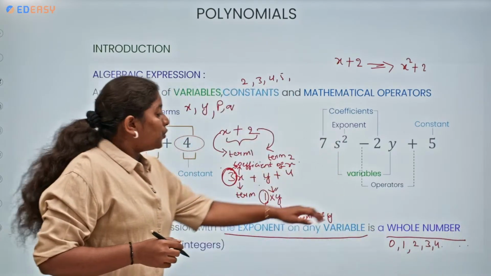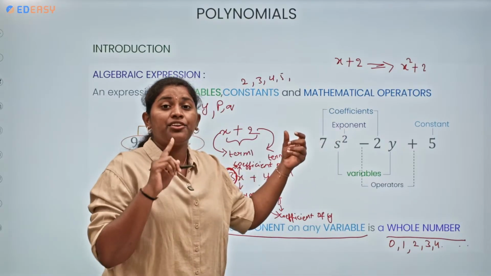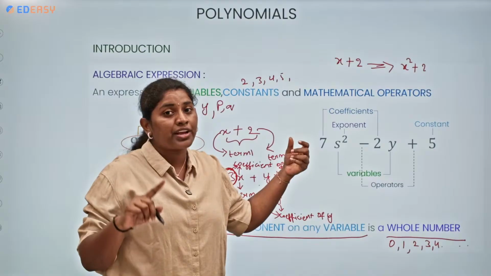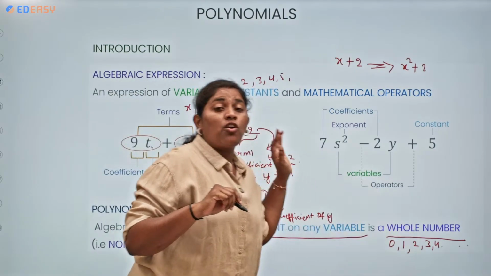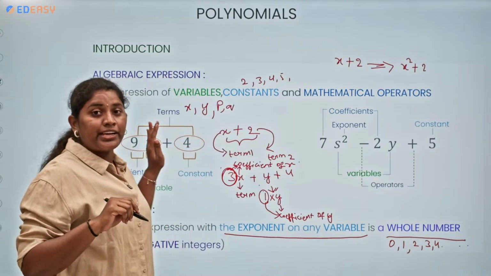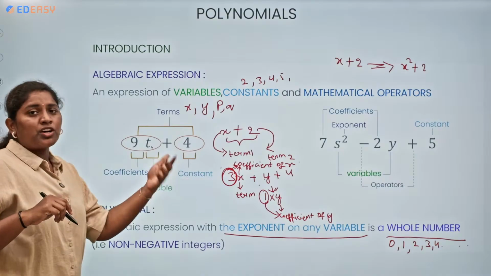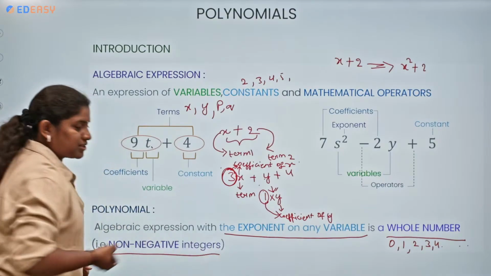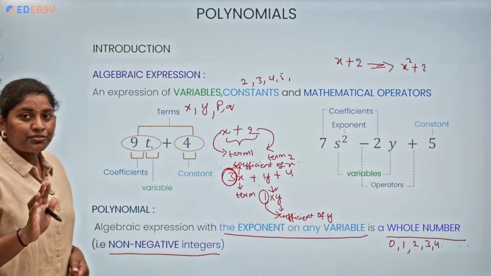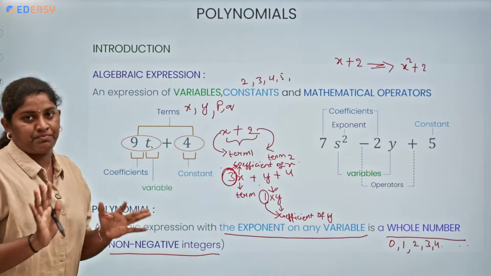So if the power of any variable in an algebraic expression is a whole number, then it becomes a polynomial. For whole numbers we can also say non-negative integers. So don't get confused.